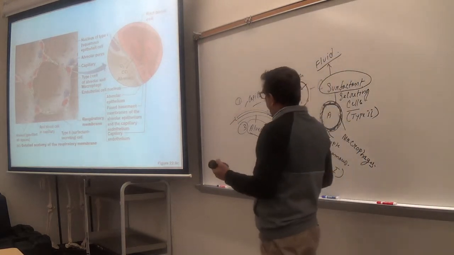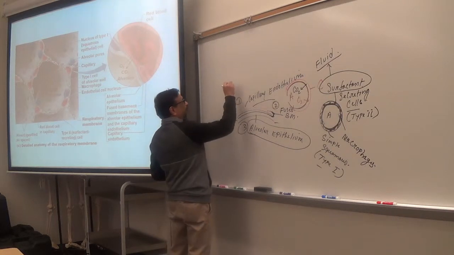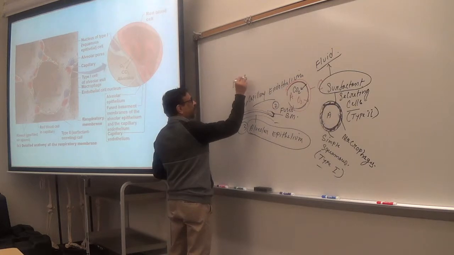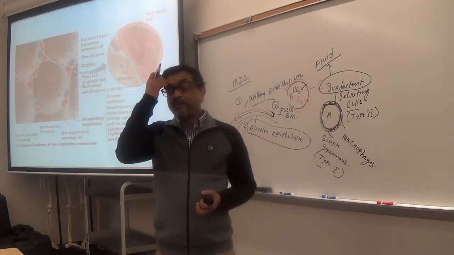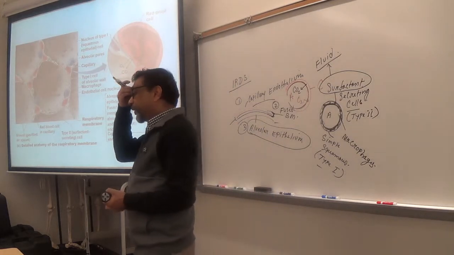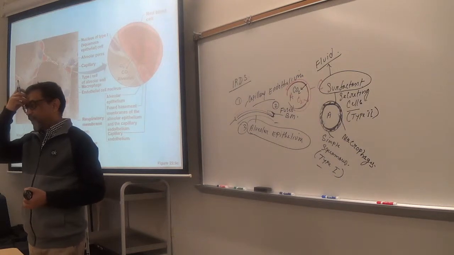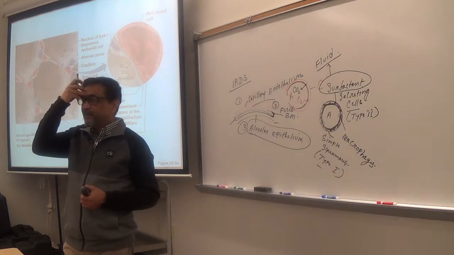Now, there is a disease that happens in infants that is called infant respiratory distress syndrome, IRDS. Infant respiratory distress syndrome. What happens in infants in this clinical condition?